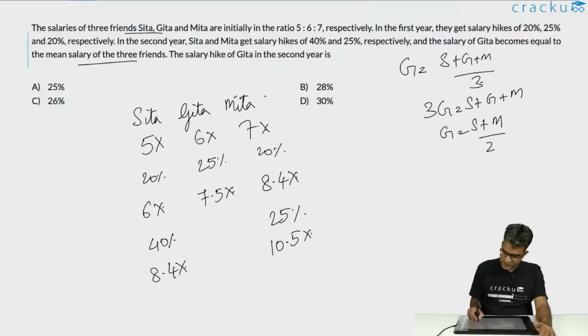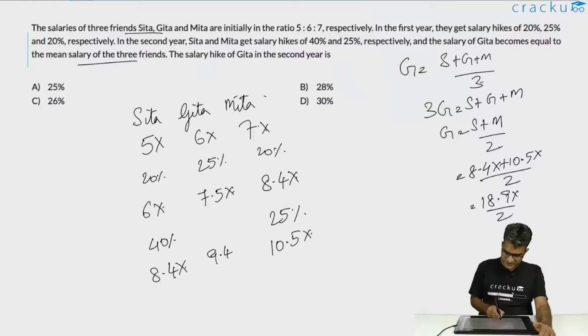which is equal to 8.4x plus 10.5x divided by 2, which is equal to 18.9x divided by 2. This is equal to 9.45x. This is the salary of Geeta. So how much salary hike did she get? Her salary before the start of the year was 7.5x. After it, it was 9.45x.